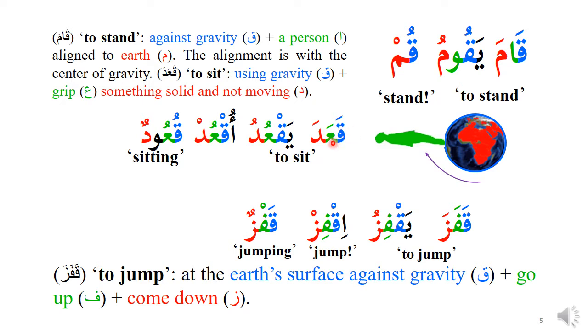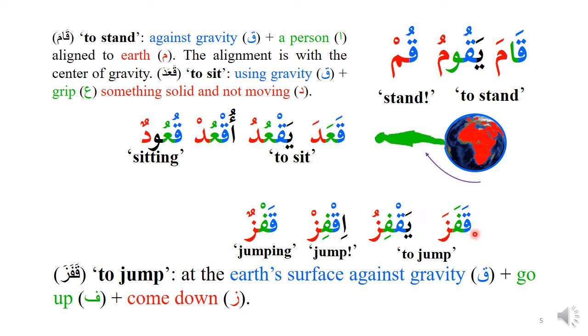Qof is movement and ain is to oppose, adam, and dal is to end. So it is saying that qu'ud is in the sense of not moving, the opposite of moving, and just sitting. This word would be jalasa, jalasa yajlisu, right? Which I'll discuss later on in some other video.